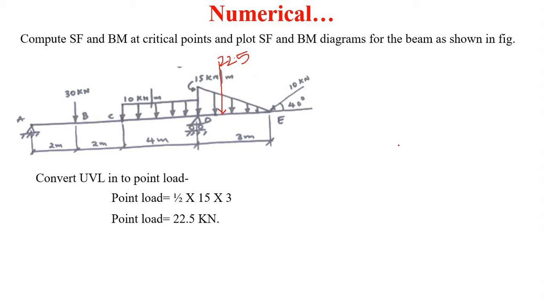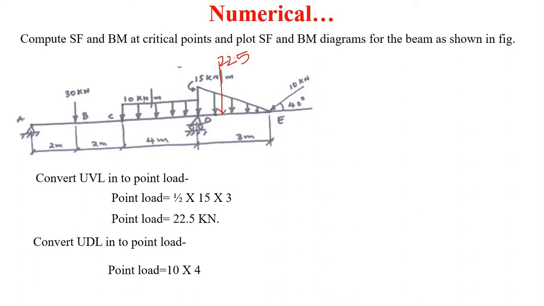Then similarly, convert the uniformly distributed load into a point load. The point load is equal to the intensity of the uniformly distributed load, that is 10 kilonewton per meter, into the length of the beam on which this UDL is applied.